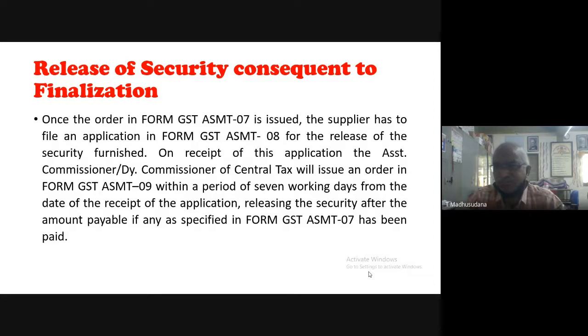That means he is free from the security. The bond will be returned or released.